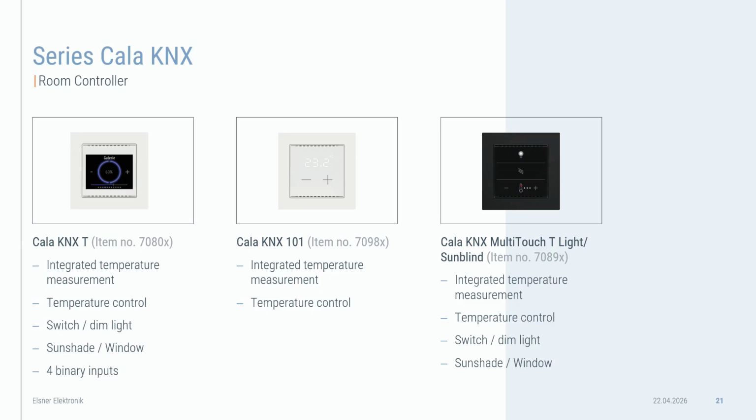In the middle you find some buttons for controlling the blinds or other motors, for example windows, and on the top you find buttons for light control, dimming or switching. Also very simple, very easy to use. It can be used in offices, rooms or in guest rooms.